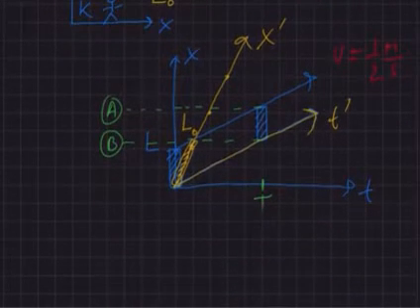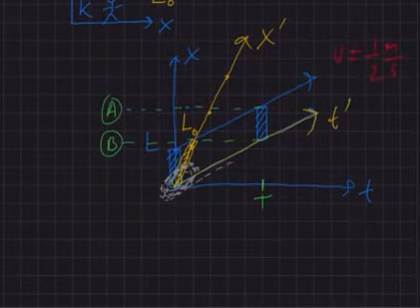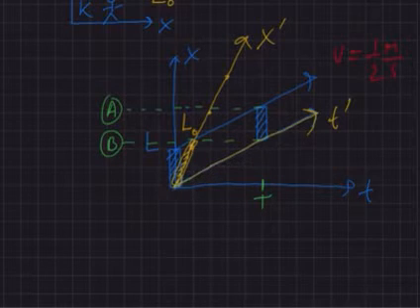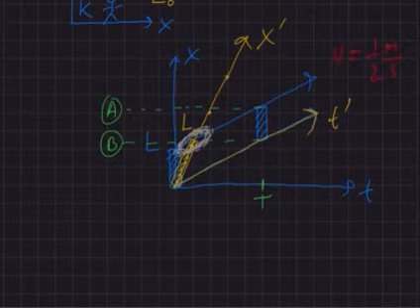This means that the parts of the ruler, for example, the bottom end of the ruler, just ages with time along the t prime axis. And the top end of the ruler also just ages at the same position L naught. It just ages with time parallel to the t prime axis here.